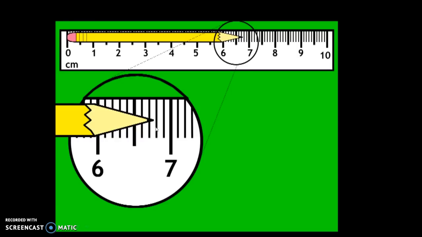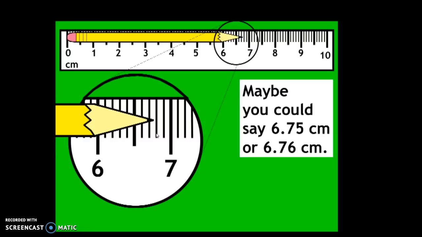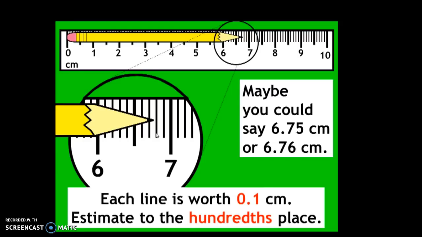So let's say we think it's roughly about halfway between 6.7 and 6.8. You might say that the measurement is 6.75 or perhaps 6.76, but the final digit, whatever that number is, is the estimated digit. And because every line was worth 0.1 centimeters, the estimated digit was 1 power of 10 smaller than that particular measurement. So we go out to the 100th place.